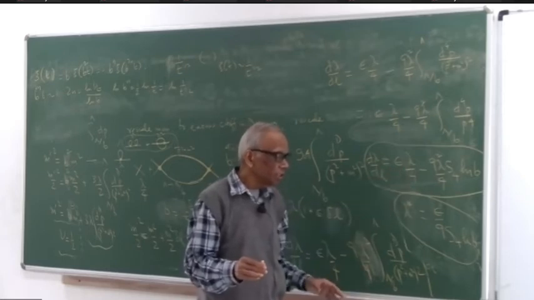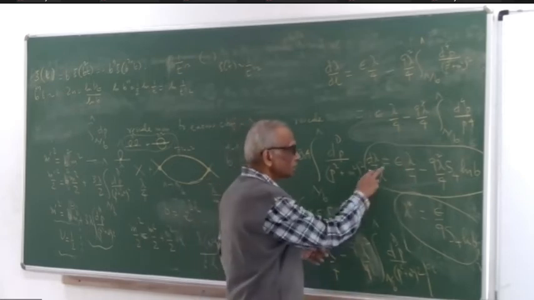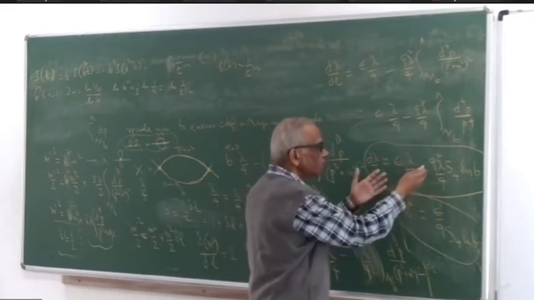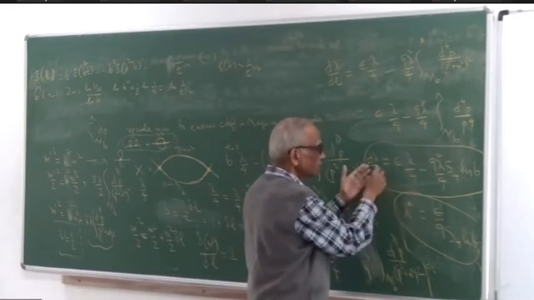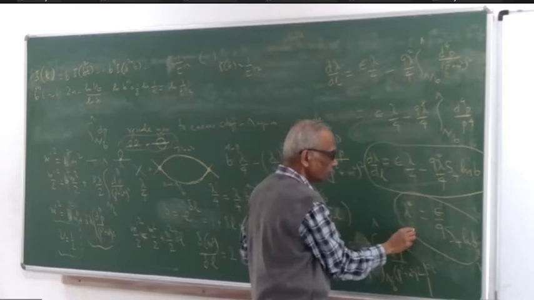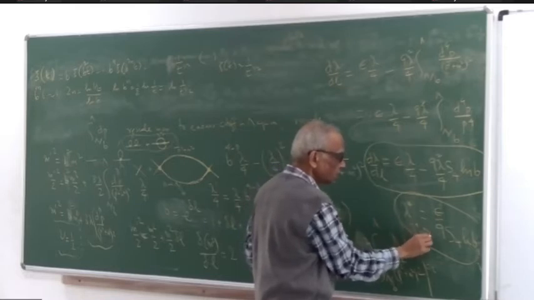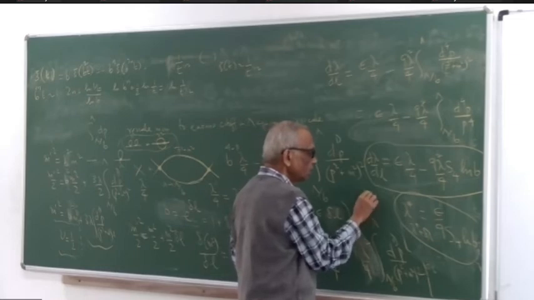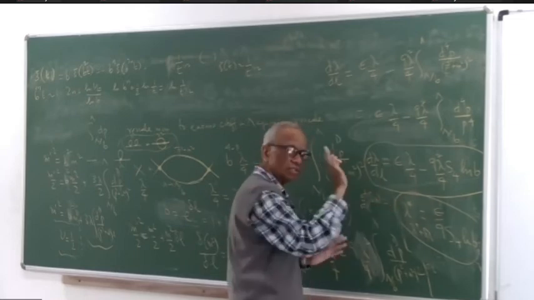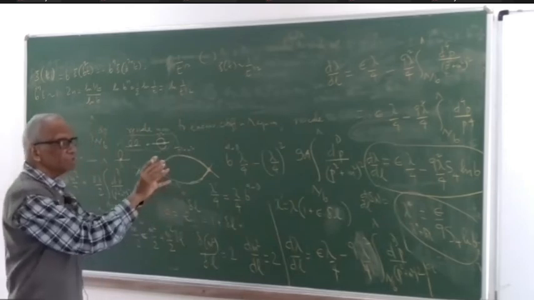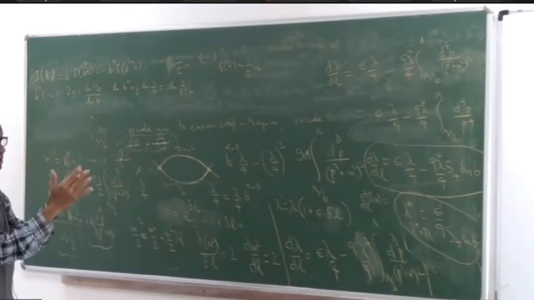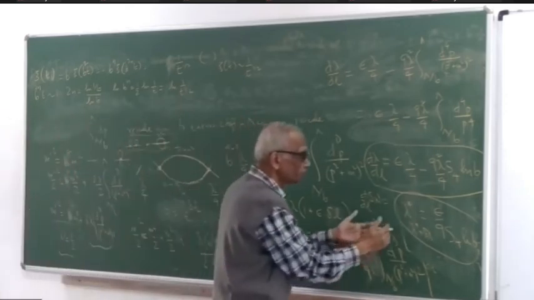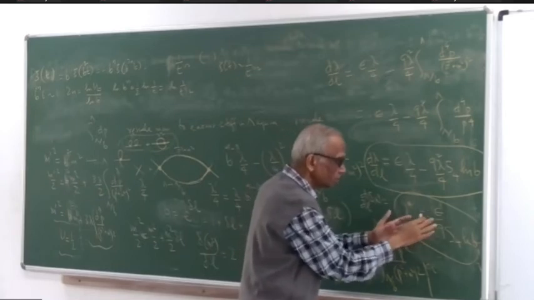You can just carry out the linear stability analysis. You write lambda star plus delta lambda and calculate d delta lambda dl, and you will find that this is negative. So for lambda itself, for the flow of lambda, this is a stable fixed point.